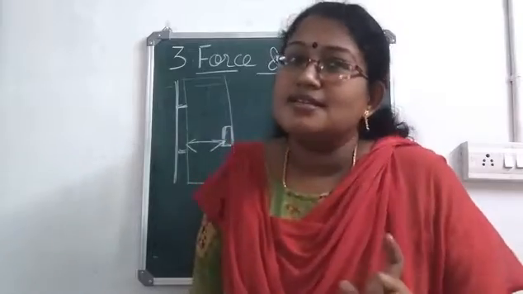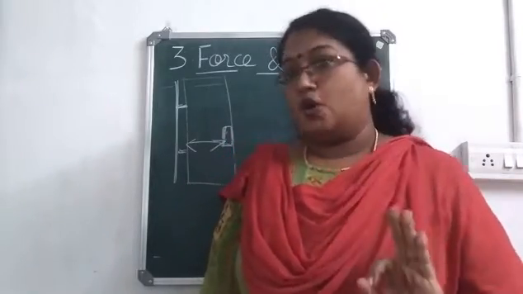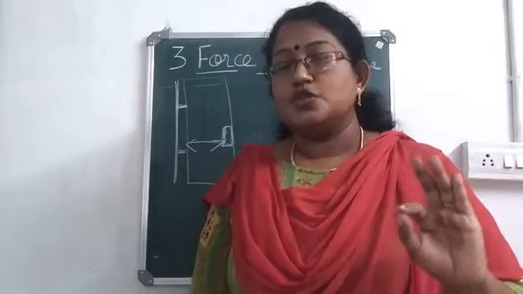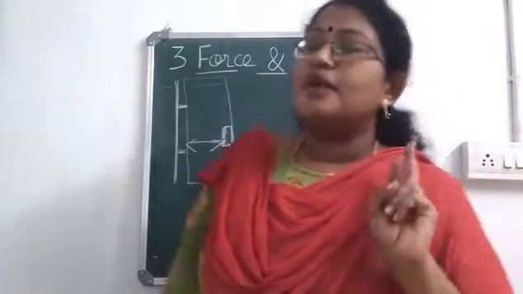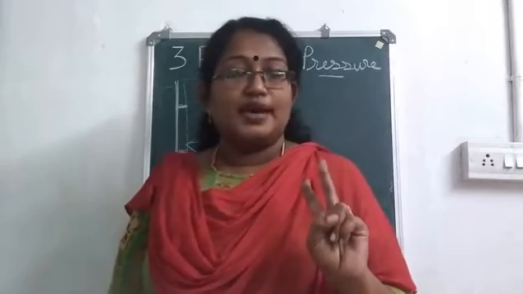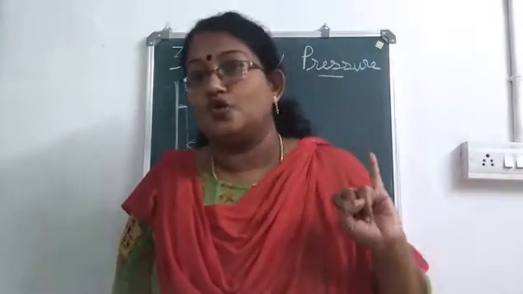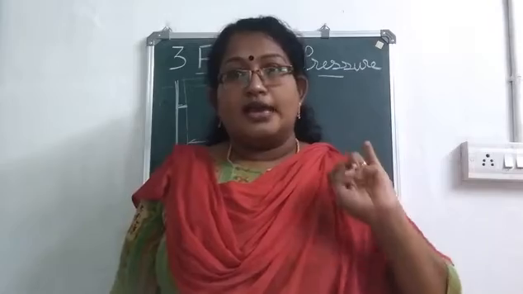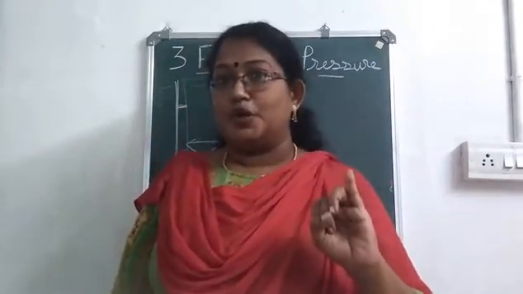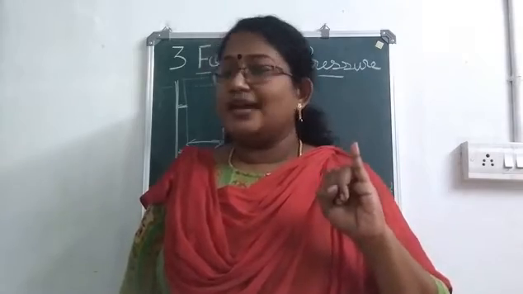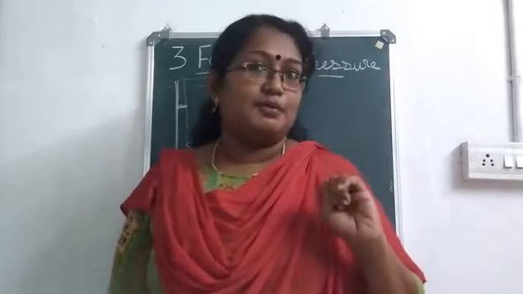So we have discussed moment of force or torque. The turning effect produced by force is known as moment of force or torque. It depends on two factors. Which are those two factors? Magnitude of force. That means if you are applying more force, more turning effect will be produced. If the force applied is less, only less turning effect will be produced.